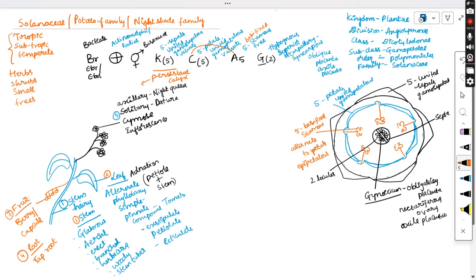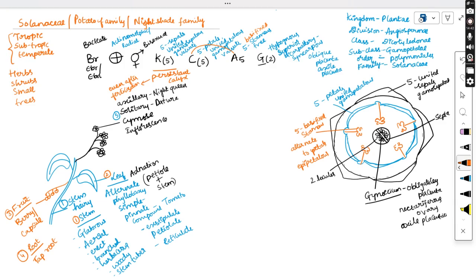Usually after fertilization, the ovary becomes the fruit and all the floral parts fall. But this calyx, or the sepals, will be present even after fertilization. So even after fertilization, you can find the remaining floral parts with the fruit. So this calyx is persistent in Solanaceae. All these are the characteristics of it.